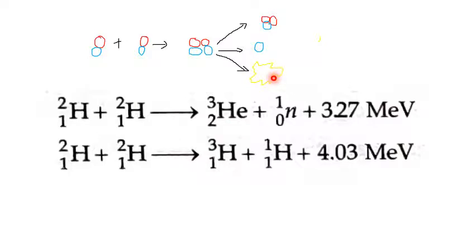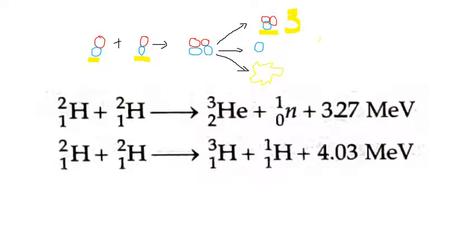Now, the important point to note here is that the mass number of the stable nuclei in this case is how much? 3. The mass of the stable nuclei is lesser than the sum of the mass of the two unstable lighter nuclei.